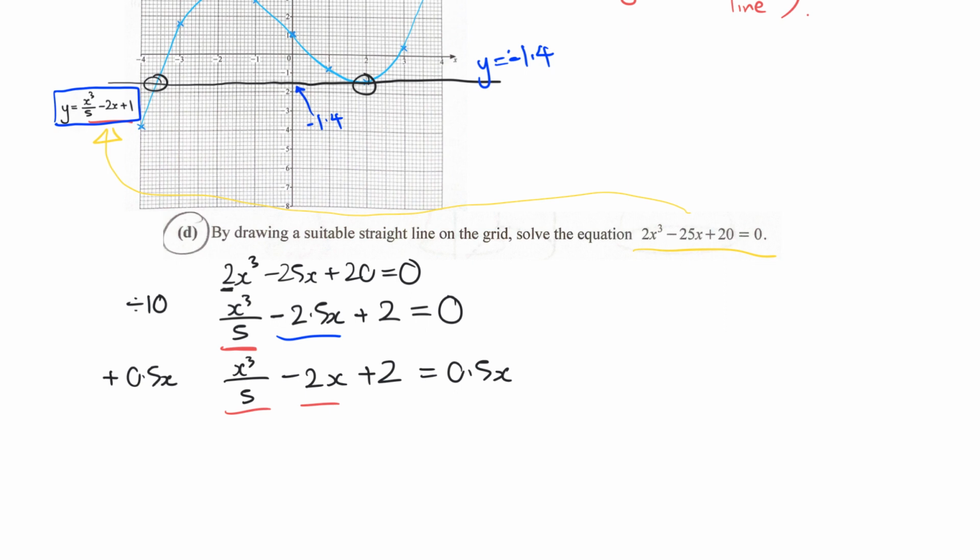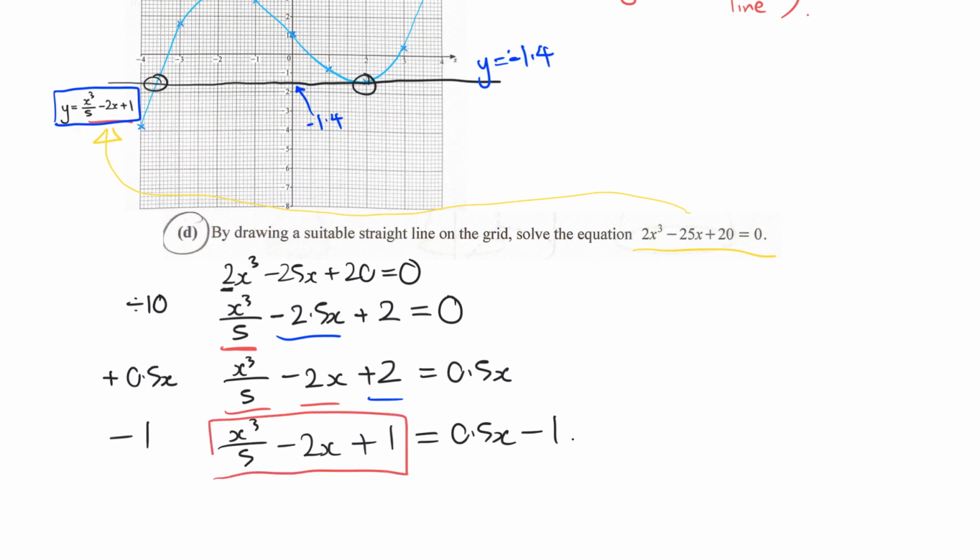Last one, 2, but I only want 1. Algebraically, what can I do? Very good, just subtract 1 from both sides, okay? So I will have x cubed over 5 minus 2x plus 1 after the subtraction of 1, and I have to subtract 1 on this side. So now I have completely my graph on the left hand side, and I have another equation on the right hand side, and now I have to draw y equals to 0.5x minus 1.